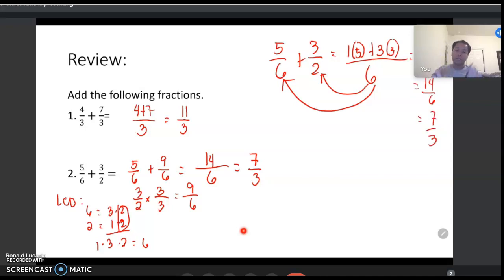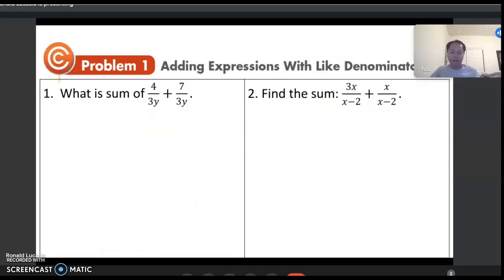Let's use this concept to add the following rational expressions. So notice that number 1, they have the same denominator, which means they are similar fractions.